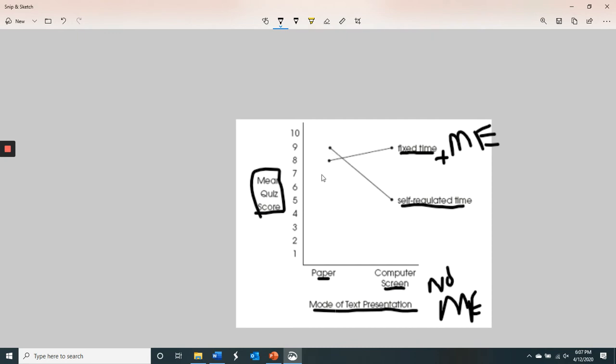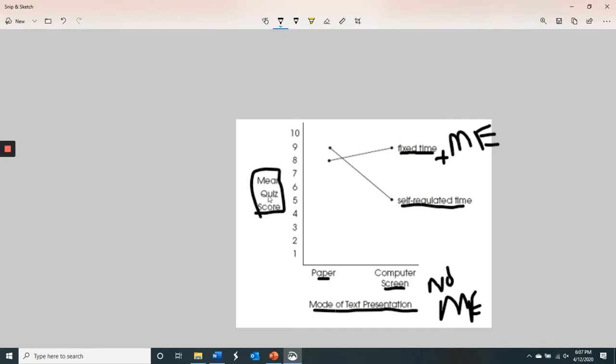So you can just state it like that, and simply we're saying that for the fixed time people, it doesn't seem to matter that much. There's a slight advantage to the computer screen versus paper. For the self-regulated people, there was a great advantage to having paper versus the computer screen.